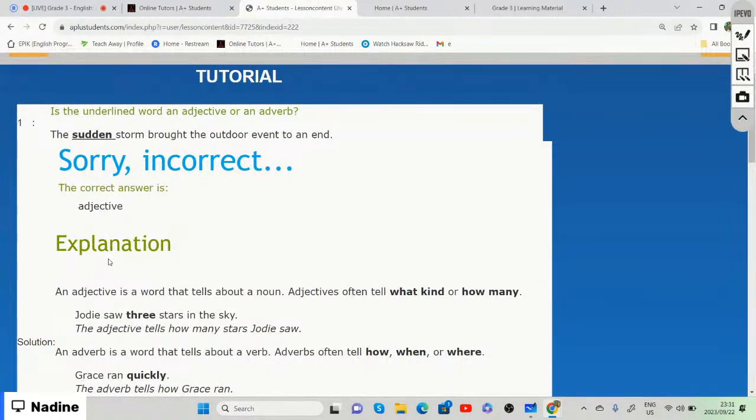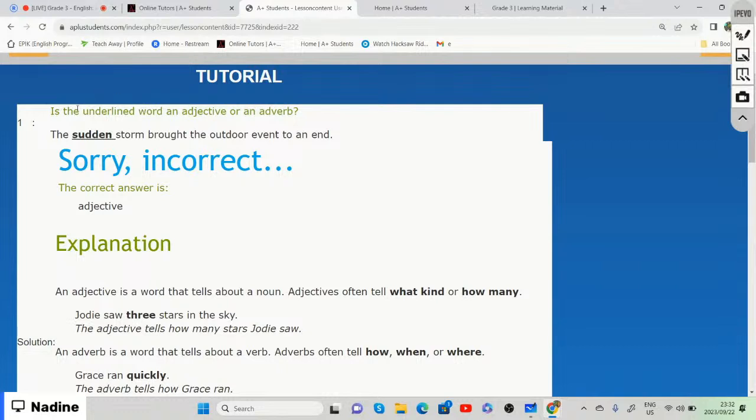An adverb tells us about the verb. So sometimes it is best to first identify the noun or the verb in order to know if this is an adjective or an adverb. Then you'll be able to ask yourself, okay, if it's an adjective, is it telling me what kind or how many? Or if it's an adverb, is it telling me how, when, or where?